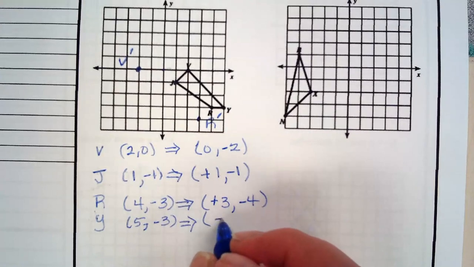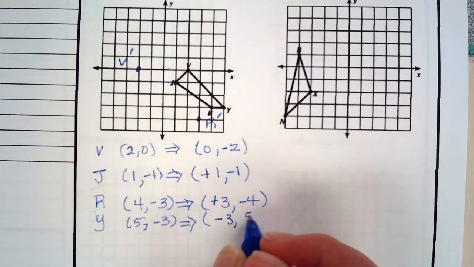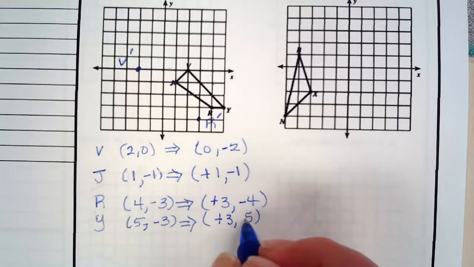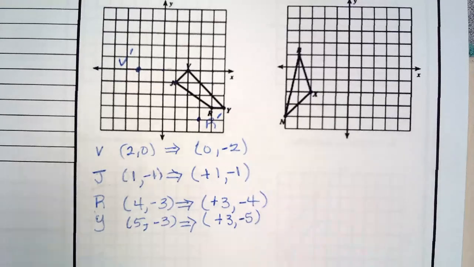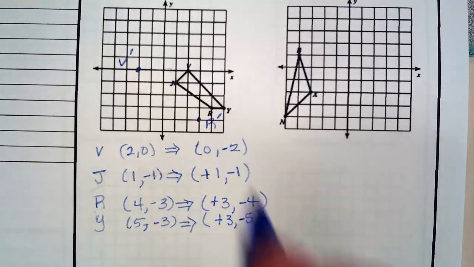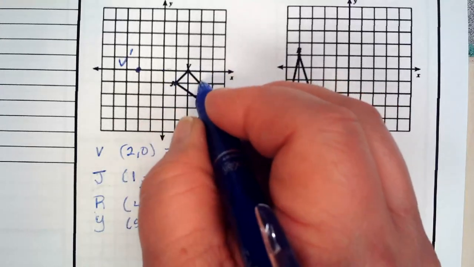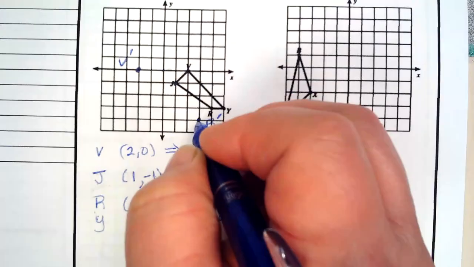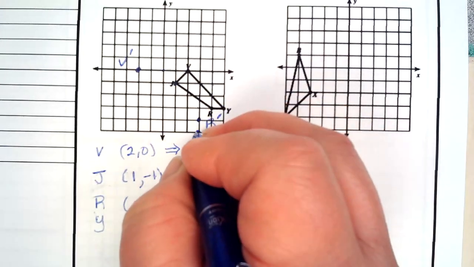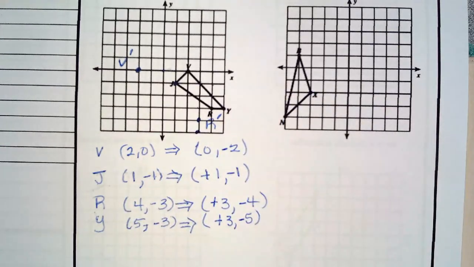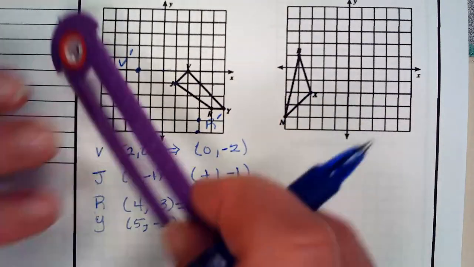Switch them around. -3, 5. Change them to their opposites. +3, -5. And we're ready to connect the dots.